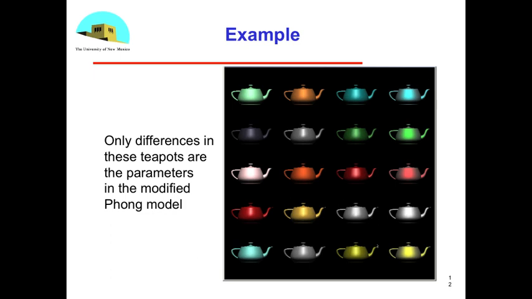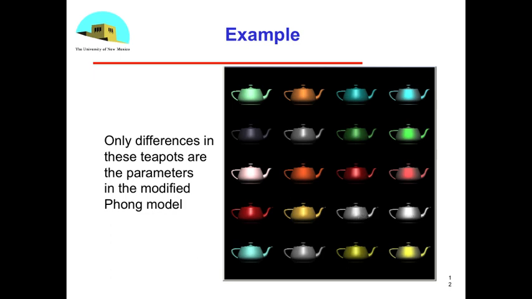So the important thing here is that every one of these teapots is the same geometric object, but every one has different parameters used in the modified Phong model. So some of them will look like very dull surfaces like this one. Others will look more like very shiny metal with this nice specular highlight. Well, look at this one. This one, you can tell, is shinier than this one.